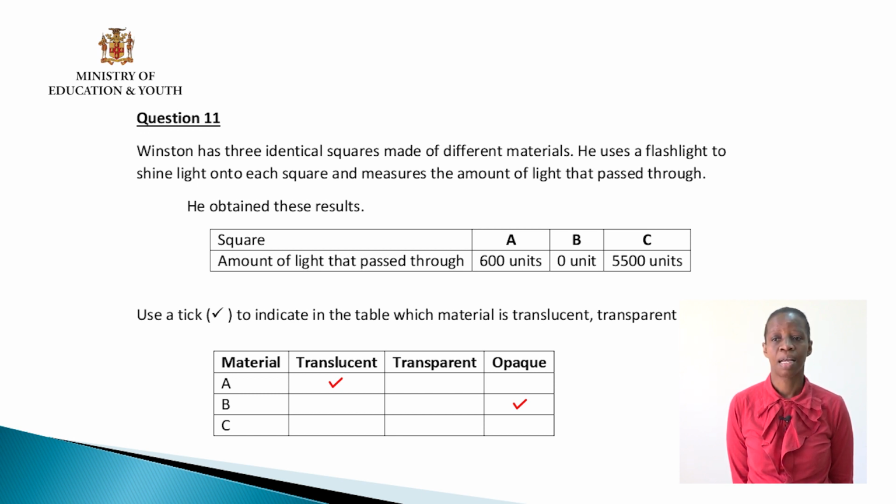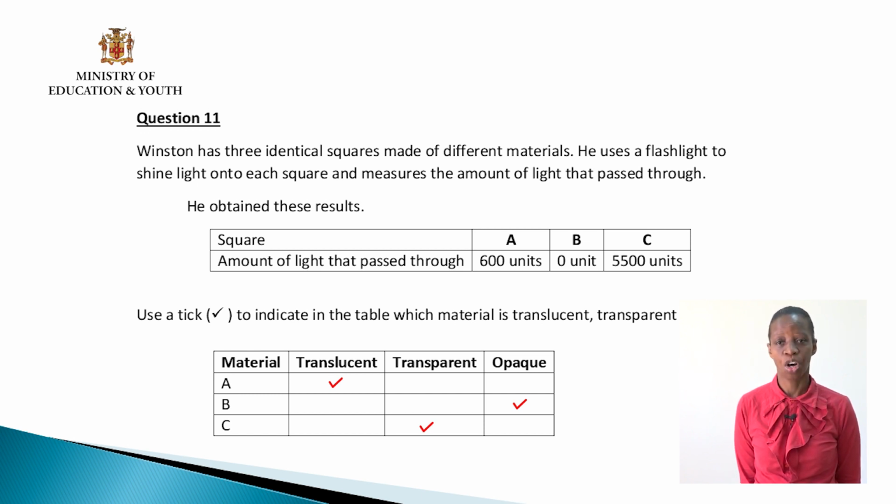And for the transparent object, we would have allowed most of the light to pass through, so that value would be the largest. Okay, so obviously here we are required to analyze and interpret the information that we were given. If you got all answers right, very good.